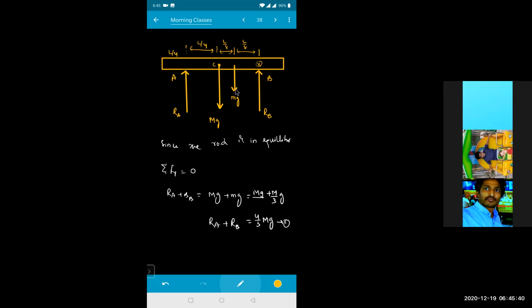Small mg, the distance from here to here is L by 8. So RA into L by 2 equals Mg into L by 4 plus small mg into L by 8. This is my equation number 2.